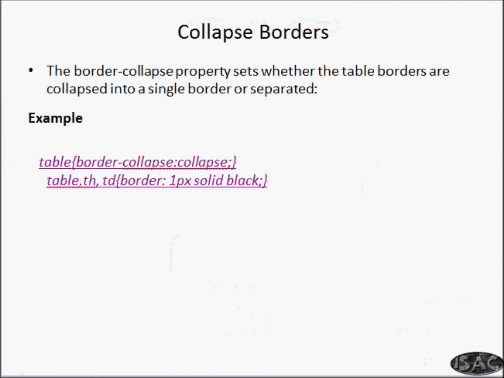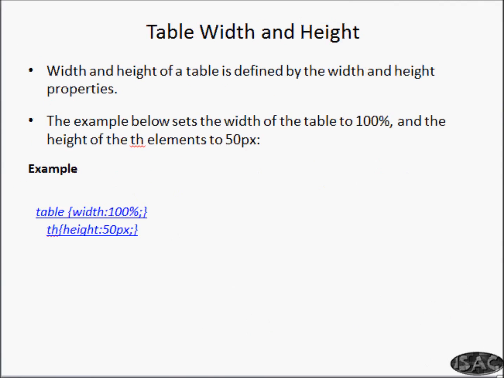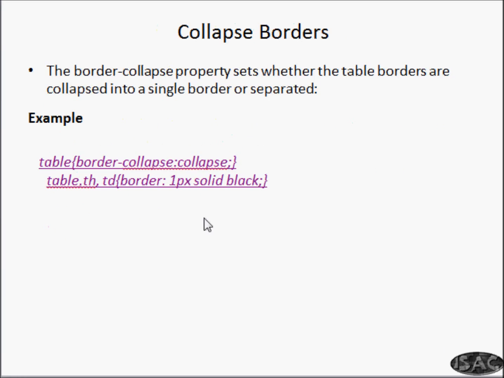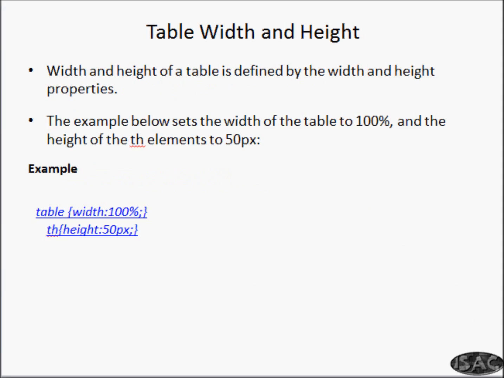So you have noticed the difference between this table and the earlier border, right? Okay, so we understood border-collapse here. Width and height of a table are defined by the width and height properties. So we can simply say table width, and for td and th we can say height. Okay, you have noticed here.